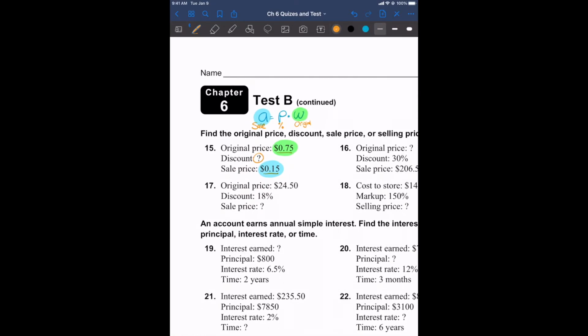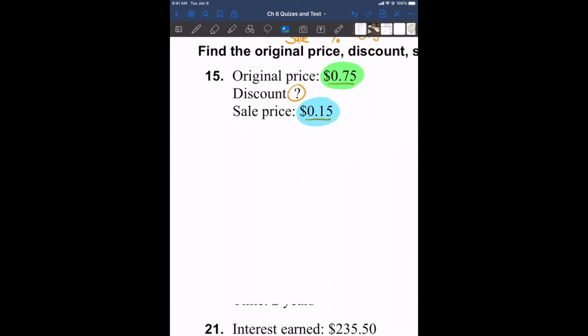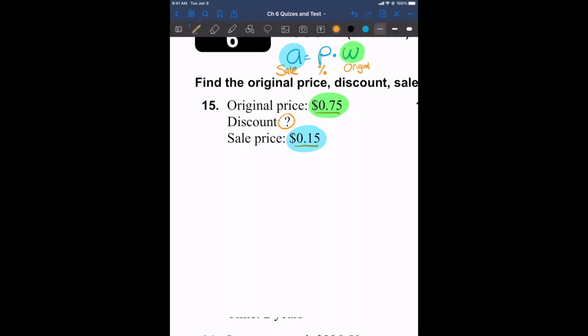Okay? So plug them in. I'm going to grab a scratch piece of paper so that we don't have so much chaos going around. Pop those numbers in. 0.15 equals P, don't know what it is, times 0.75. How do I get P by itself? Divide that 0.75 out of there.